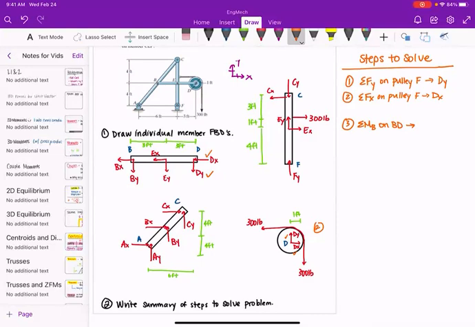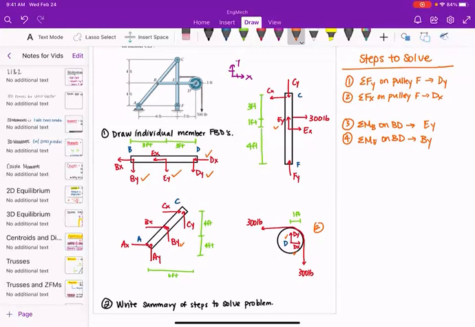But I know DY, so I'm able to solve for the unknown EY. Following that same logic, I could do the sum of the moments about E on BD, and from there I can solve for BY. So EY and BY are solved, but that also happens over here, right?